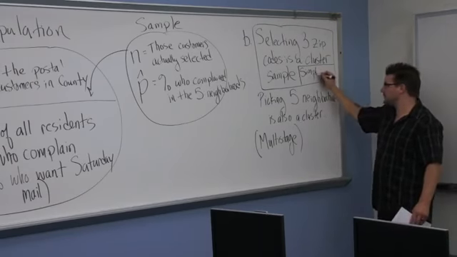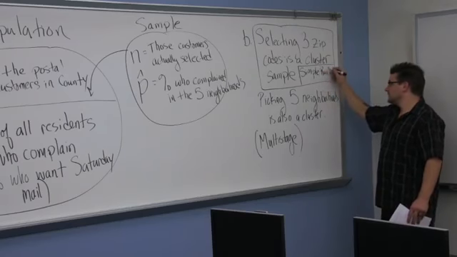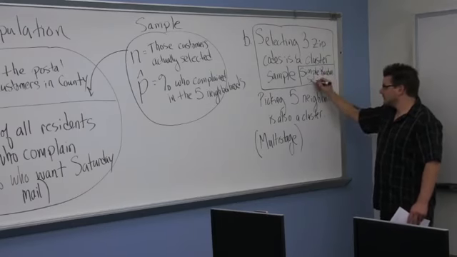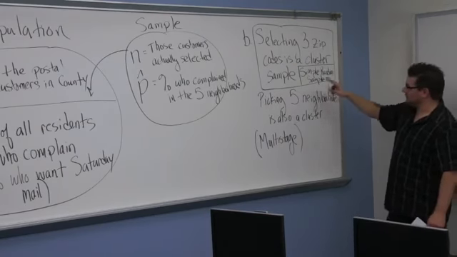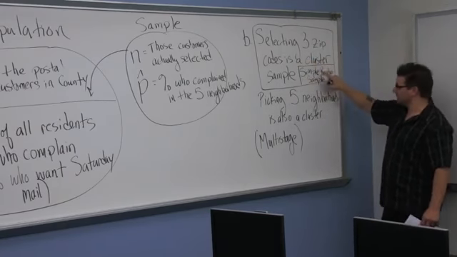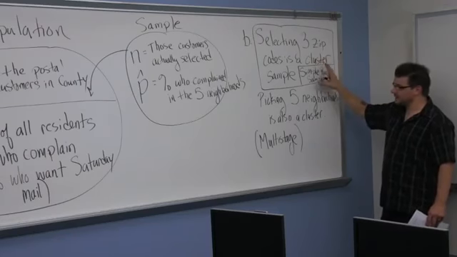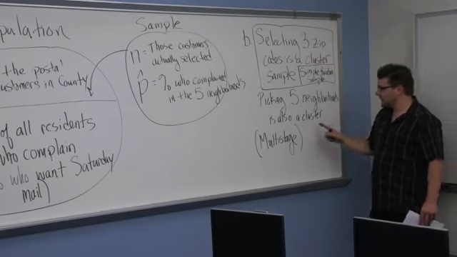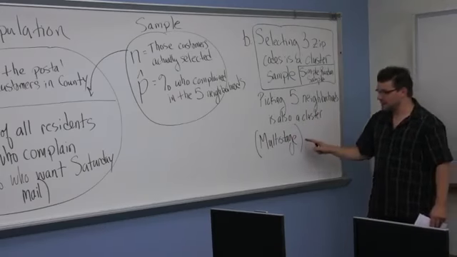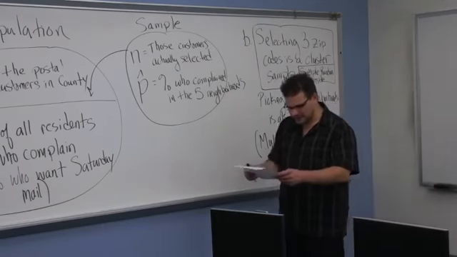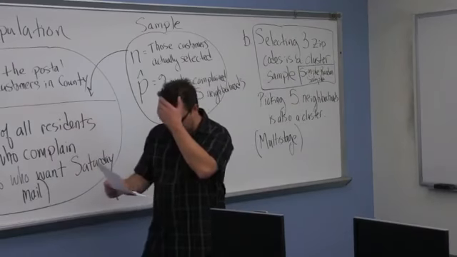You could call this simple random to start, just picking those 3. We don't have enough details to really understand this fully. I would probably accept either one of these answers for part B. The second part of this clearly is a cluster by neighborhood. All right, so that was part B, identify all methods of sampling.